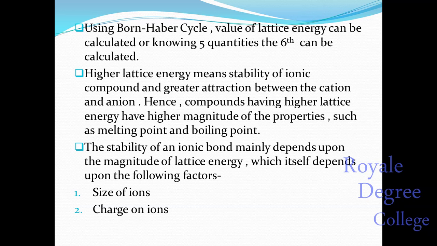Hence, compounds having higher lattice energy have higher magnitude of properties such as melting point and boiling point. The stability of an ionic bond mainly depends upon the magnitude of lattice energy, which itself depends upon the following factors. The first one is size of ions and the second one is charge on ions.